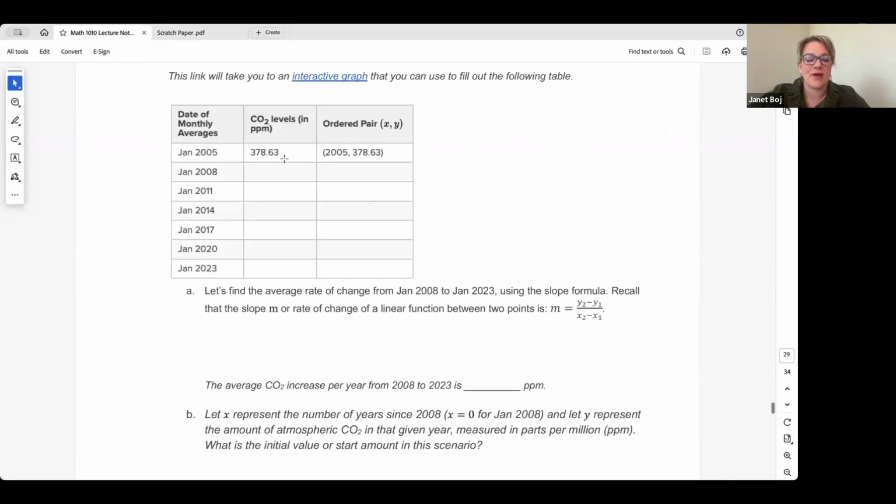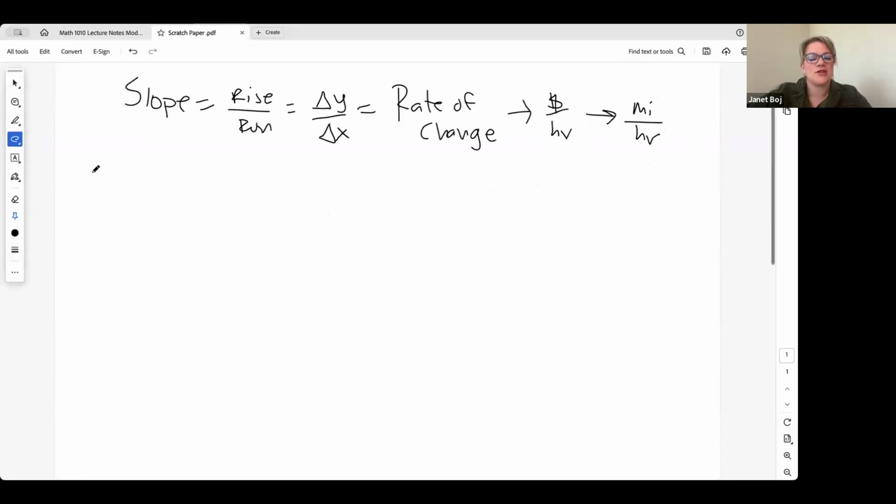And here we have the amount of CO2 and the years. Notice the amount of CO2 in parts per million, so this is the amount of carbon dioxide, and the year. We can look at our units and know which one's the independent variable and which one's the dependent variable.